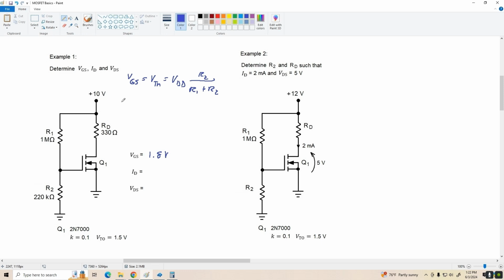Drain current we find just by substituting into ID equals K times (VGS minus VTO) squared. All right, K is 0.1, VGS is 1.8 volts, VTO is 1.5 volts, squared.